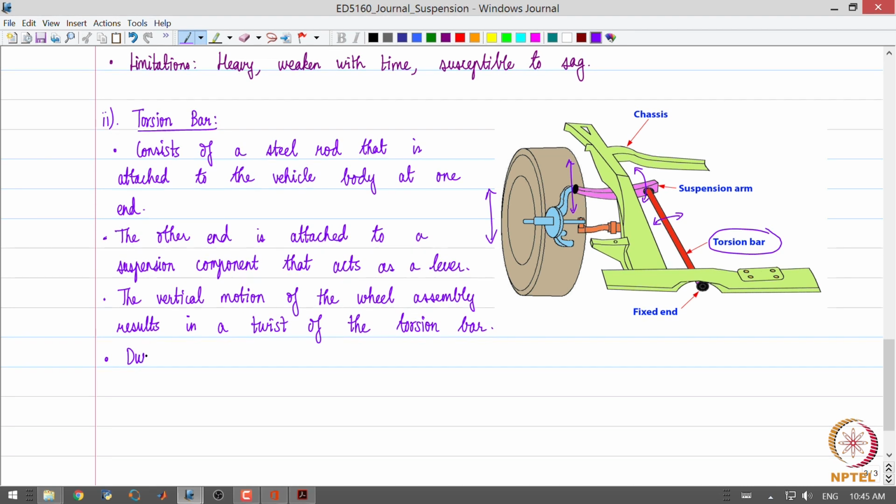So, the main advantage of this is that it is durable and takes very little space, right, particularly in terms of volume and also along the width of the vehicle body, right. So, that is a big advantage, but one limitation is that the effective spring rate or the effective spring constant, or let me call it the stiffness, is difficult to adjust.